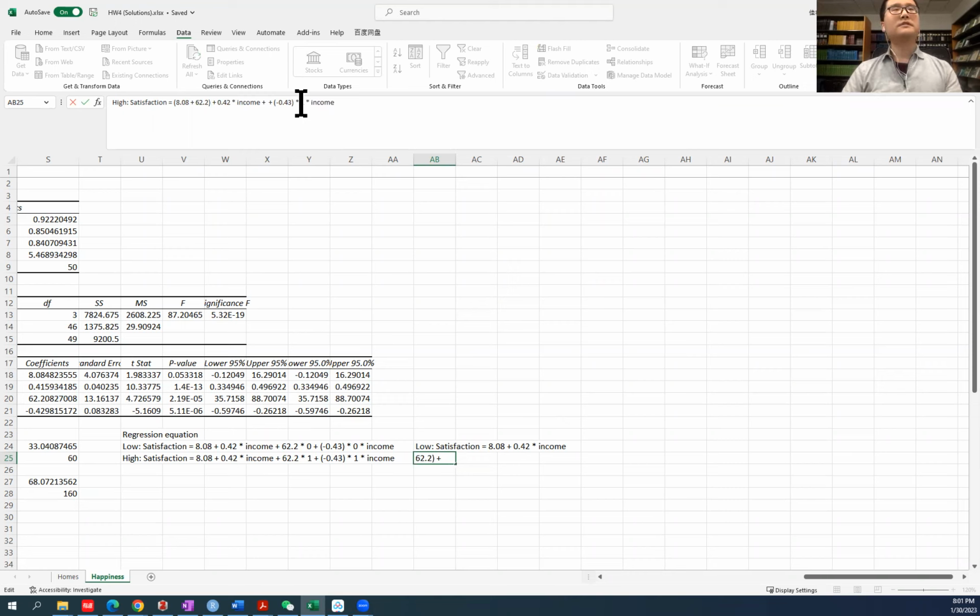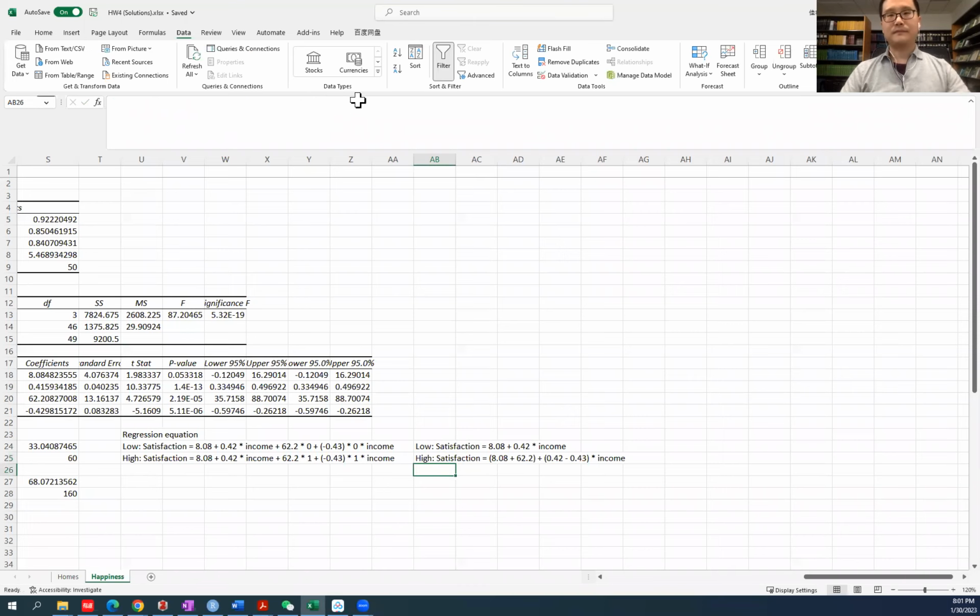And we could also combine these two terms because both of them contain income in them. So we are doing this. All right, this is the simplified version.